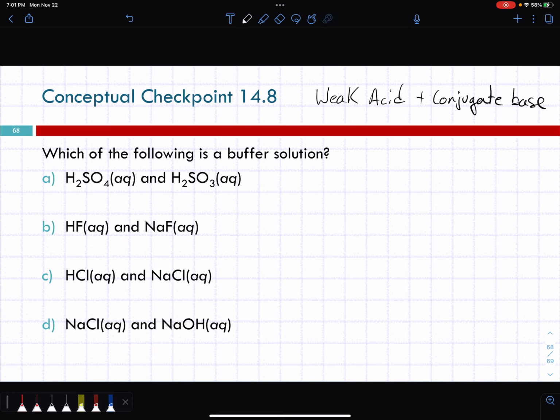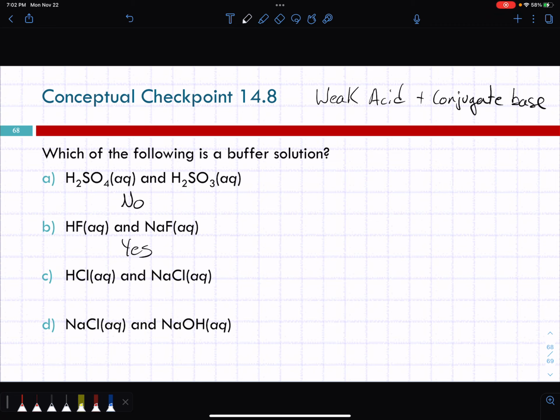So H2SO4 and H2SO3, is that a buffer system? No, not a buffer. HF and NaF? Yes, because we have HF, hydrofluoric acid, which is a weak acid, and we have its conjugate base. So this is a buffer.